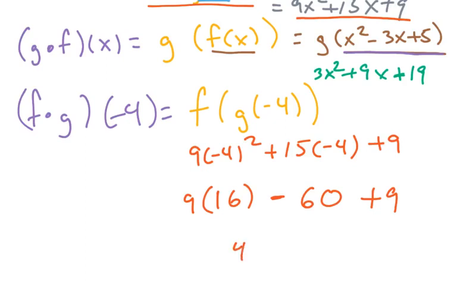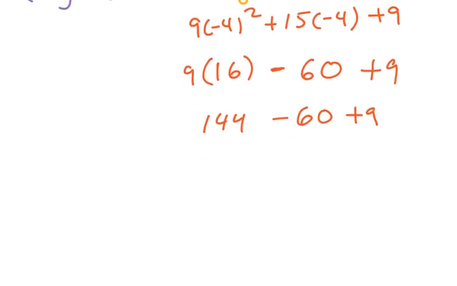That's going to give me 144 minus 60 plus 9. Well, 144 minus 60 is 84, plus 9, which is 93.